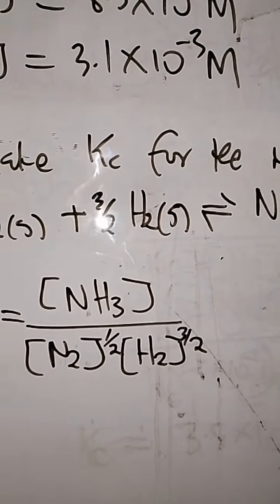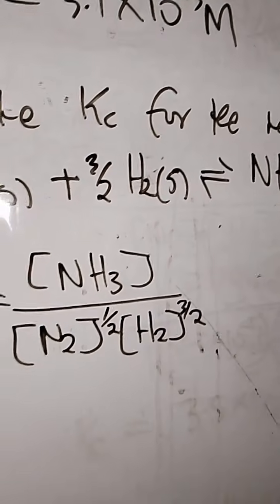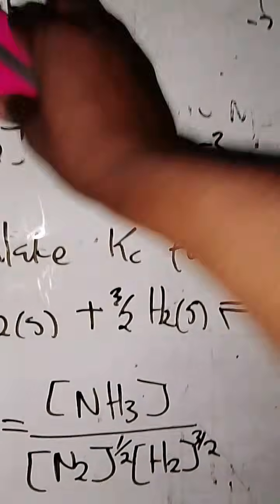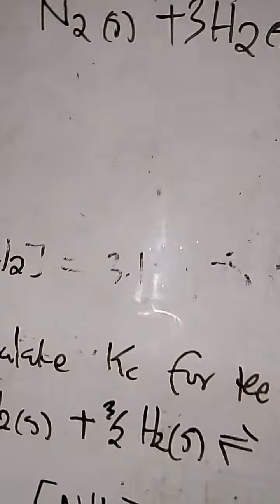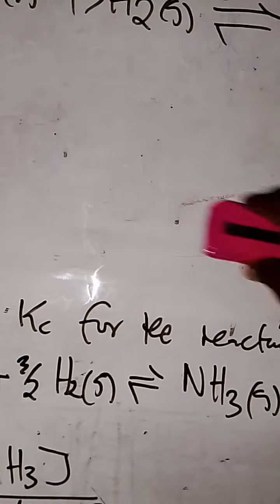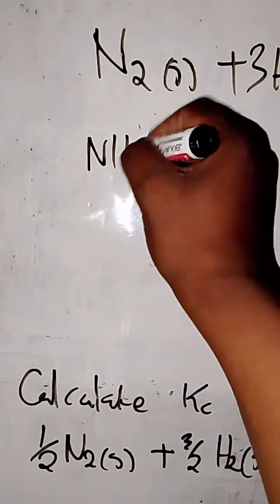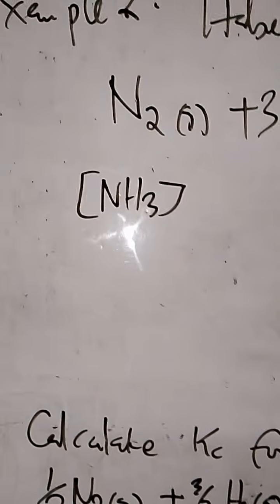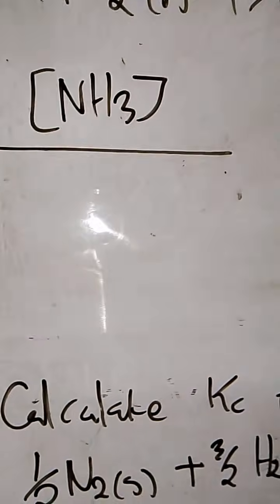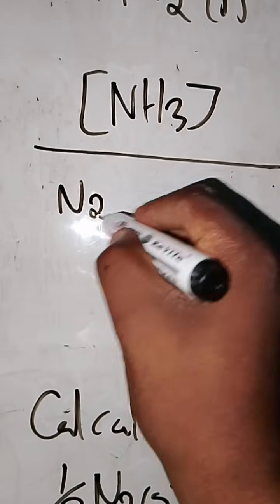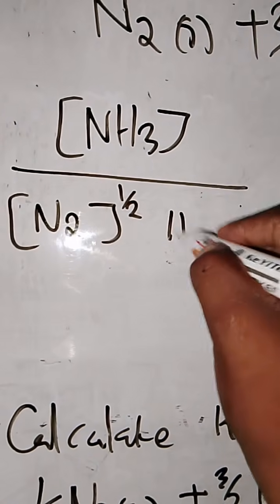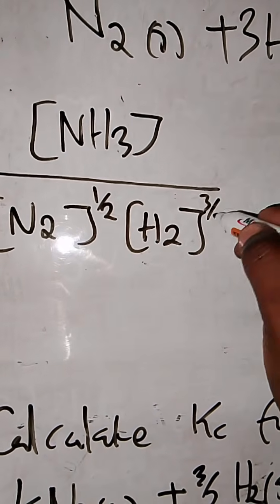Okay, so now we compare this with the original expression for Kc. For Kc double prime, we have ammonia over nitrogen to the power half, then hydrogen to the power 3/2.